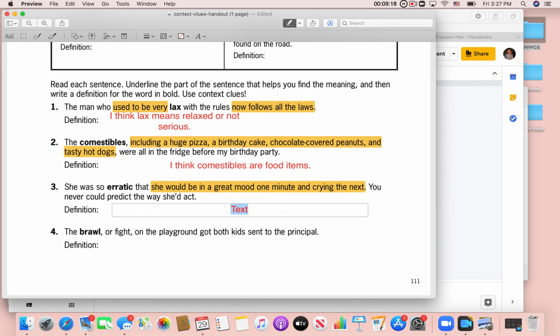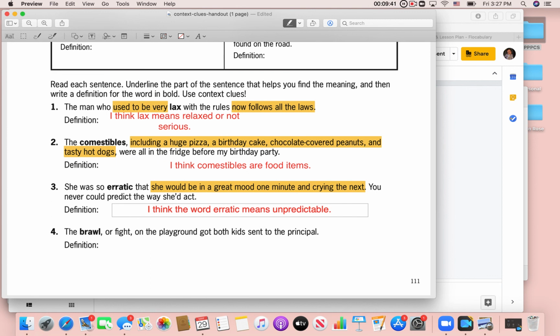I think the word erratic means unpredictable, because that is an example of someone being unpredictable. She would be in a great mood one minute and crying the next. Okay, let's move on to our last example.